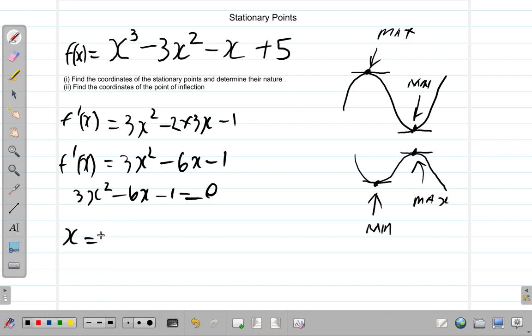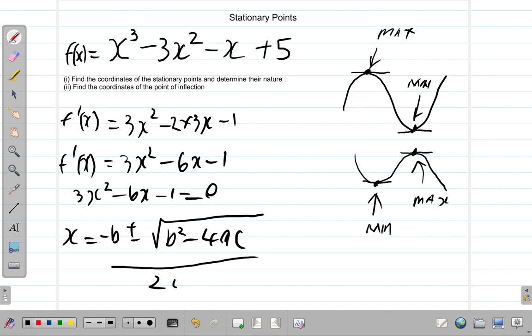So x equals negative b plus or minus the square root of b squared minus 4ac, all over 2a. What is b? b is negative 6. So negative b would be minus negative 6, which would be positive 6. b squared, b is negative 6, negative 6 squared is positive 36.